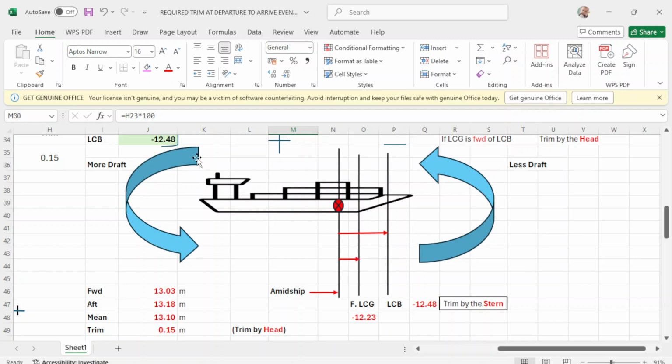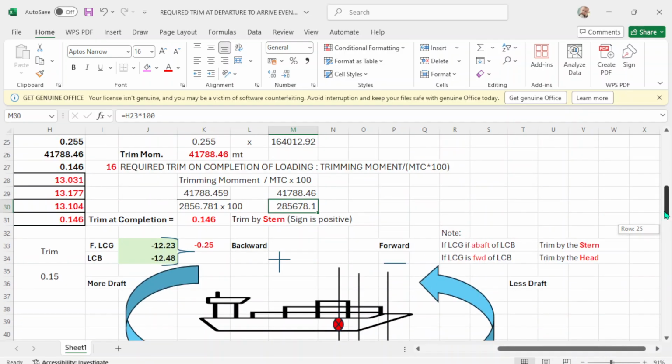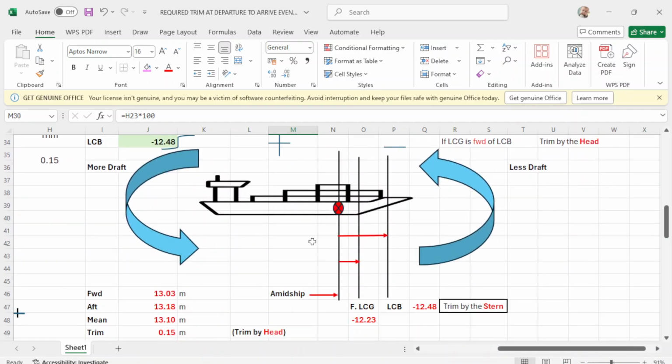So that's why your aft part will go down, because of this LCG going downward and your LCB going upward. That is the reason why you are trimmed by the stern. This now explains why you are trimmed by the stern.